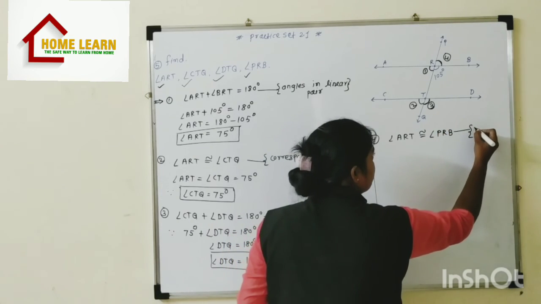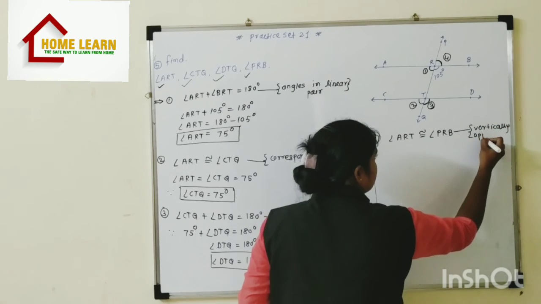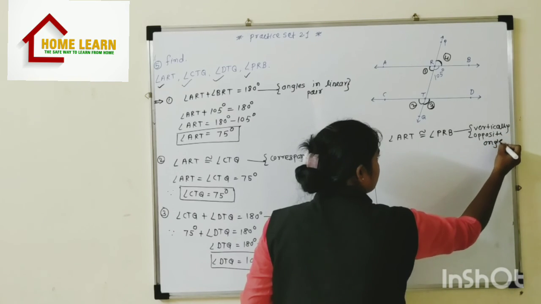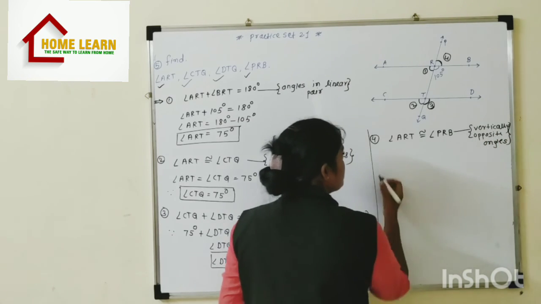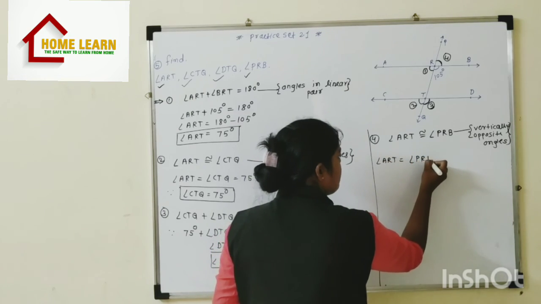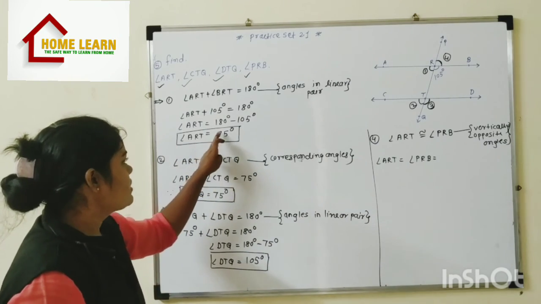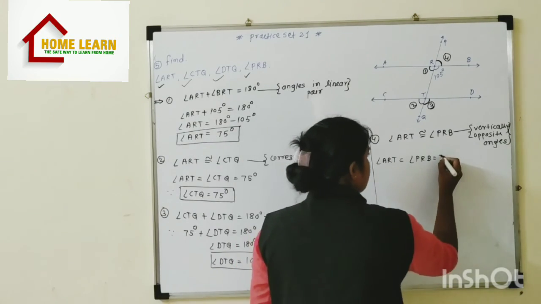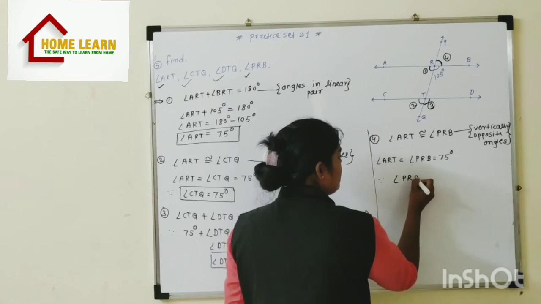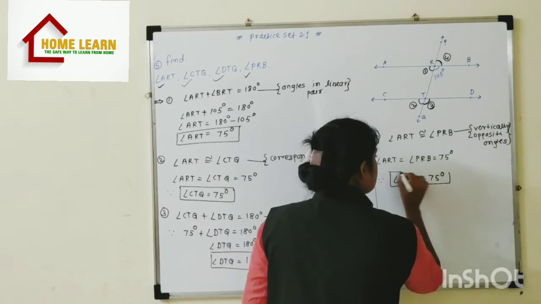Write the reason here: vertically opposite angles. So angle ART is equal to angle PRB, and we know that angle ART, which we proved in the first part, is 75 degrees. So write here 75 degrees. Hence angle PRB is 75 degrees. This is a very simple question.